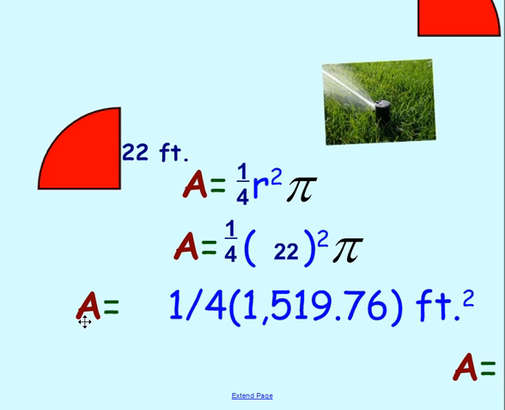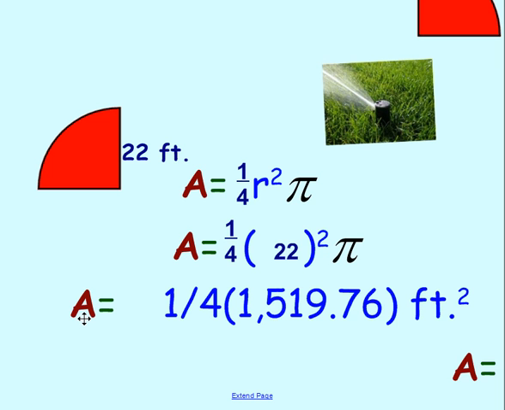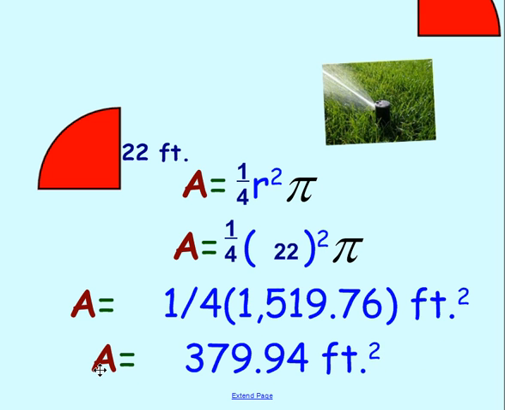If you do the math, and hopefully I do have the correct answer in here, you're going to take 22 squared, then you're going to multiply it by 3.14, and you should get the answer that I have up here of 1,519.76. Now all you got to do is take a fourth of it. A lot of your calculators have that fraction button in there, 1 ABC 4, or dividing by 4, exact same thing. And you should get 379.94 square feet.